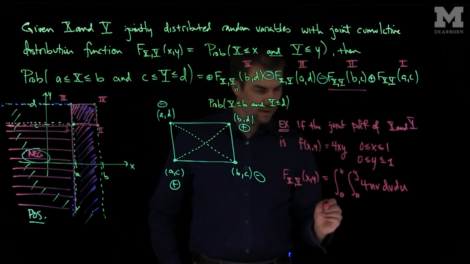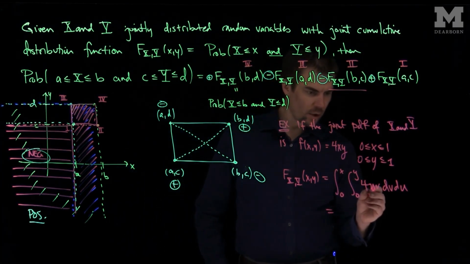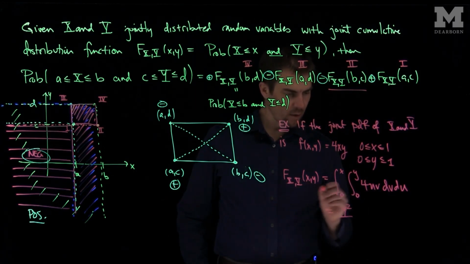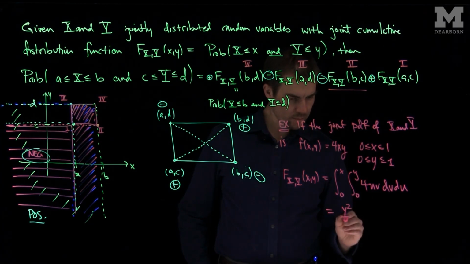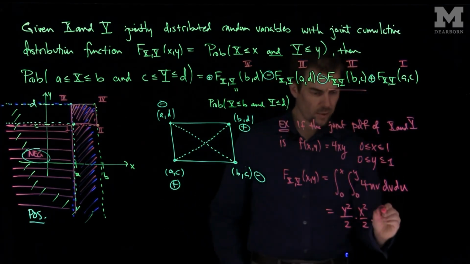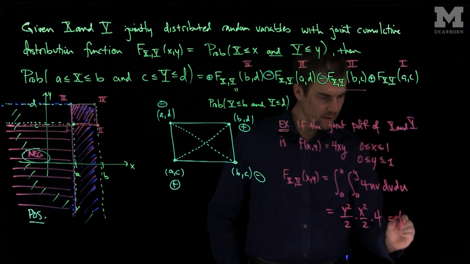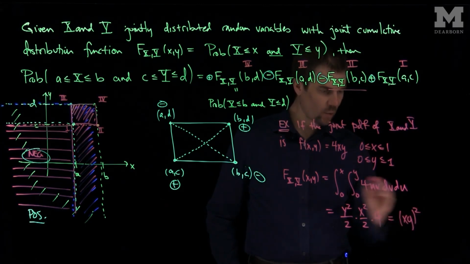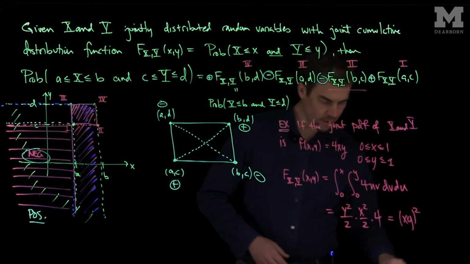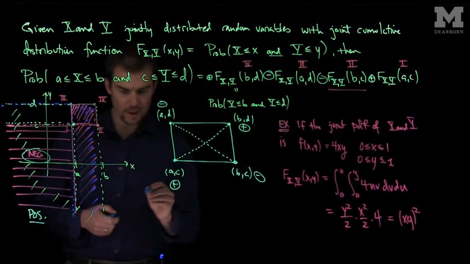So I'll have a v squared over 2, so I'll have a y squared over 2 and an x squared over 2 times 4 when we do this. And so we get a CDF of x squared times y squared. Once we find our CDF, we're able to find probabilities.